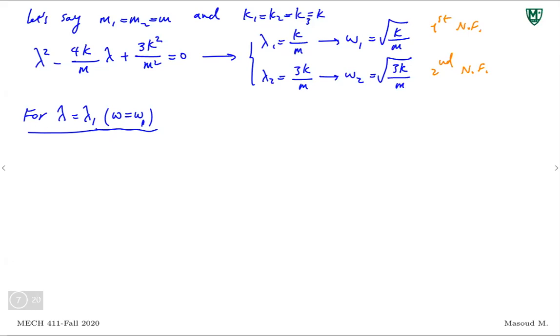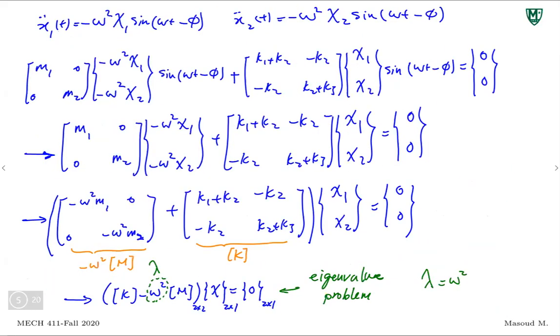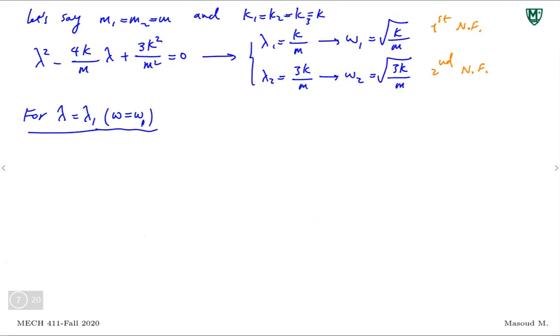So how do I find the vectors or mode shapes? Well, I go back to my eigenvalue problem here. Now I know what lambda is, or as a result what omega is. I can plug that in and find the corresponding x vector, which is going to be the eigenvector for that specific eigenvalue.